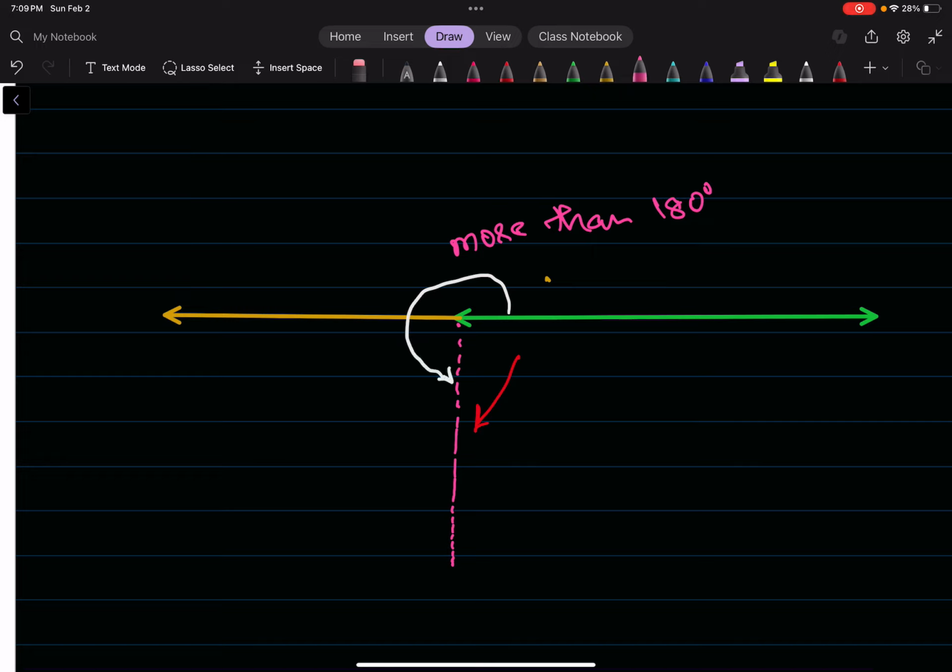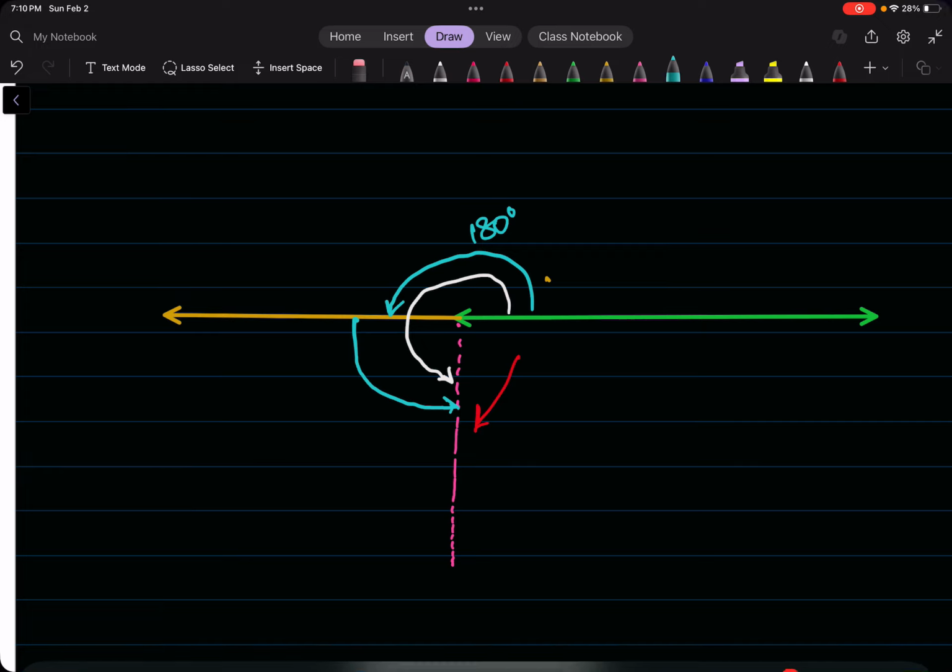Before you ask that, what is the angle made by the yellow line? That's 180 degrees. And what is the angle made by the yellow and the pink line? That's almost 90 degrees.